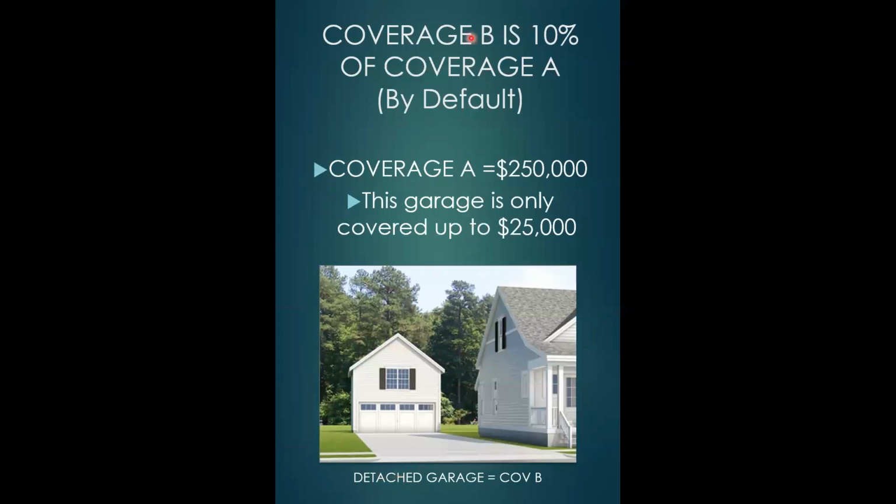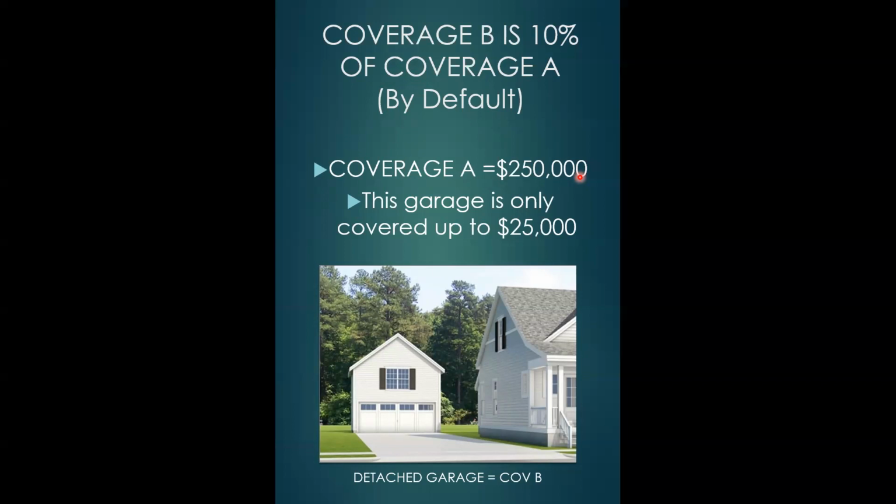Coverage B by default on the policy is 10% of coverage A. So if we calculate square footage times the price, that a house coverage A is 250,000, the replacement cost is 250,000.